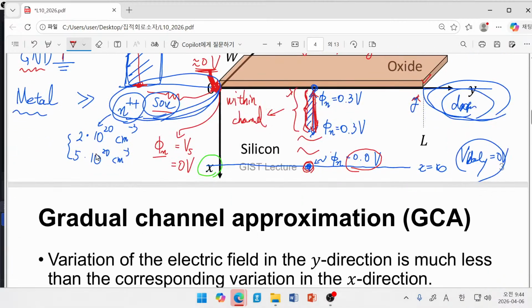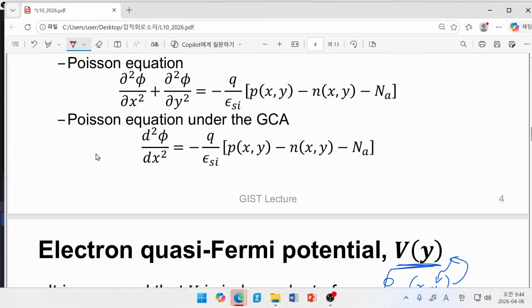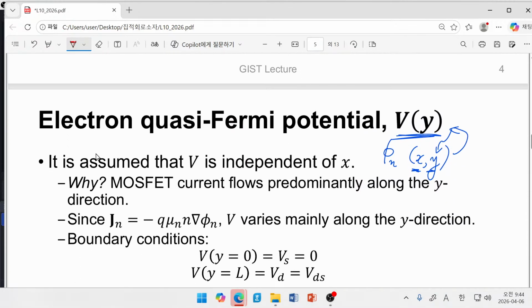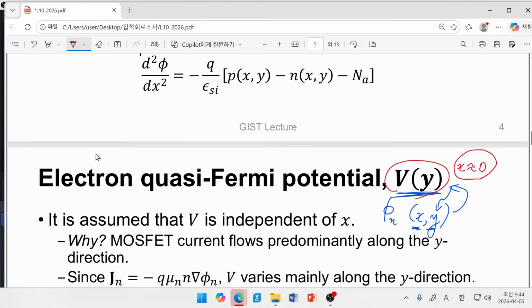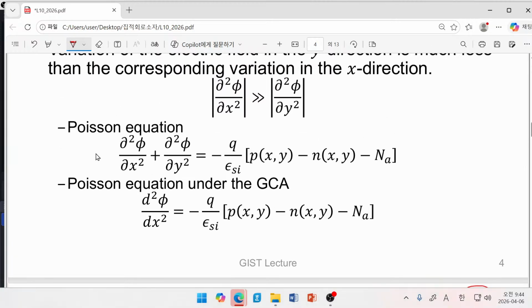So now let's go to this one. When we say V, which is a function of y, it means that for x quite close to 0, every electron quasi-Fermi potential is equal. Okay, so that is my assumption in this model development.